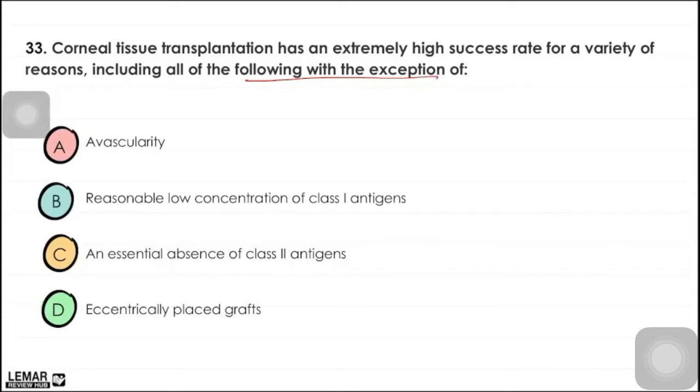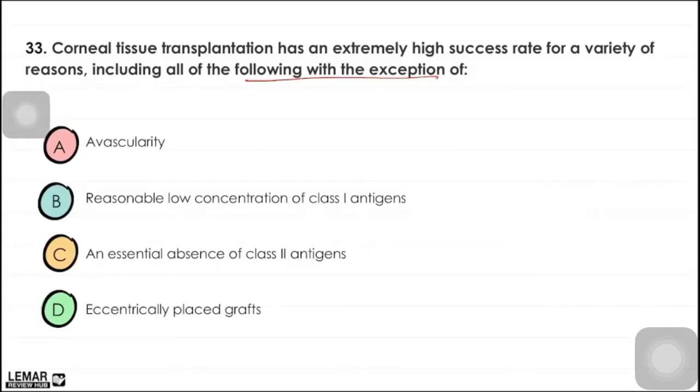Corneal tissue or cornea is considered the least immunogenic among tissues being donated or grafted from one person to another. Why? Because of its characteristic, it is technically avascular.